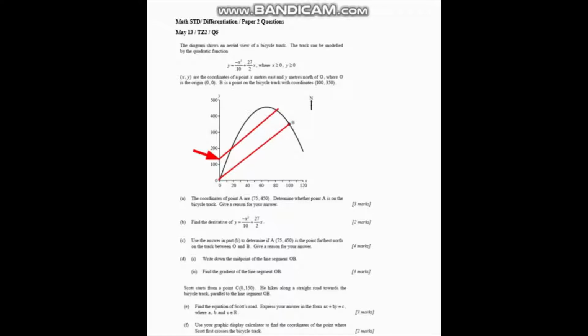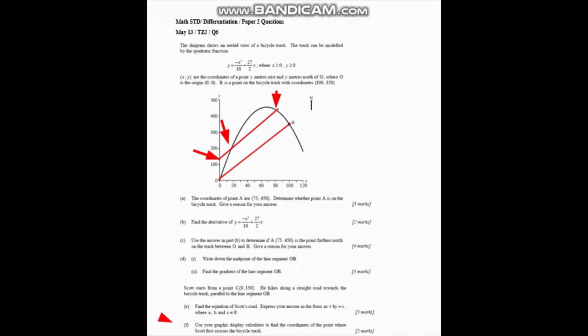So you are required to find the equation of his road, the equation of this line, and then in F you are required to use the GDC to find the coordinates of the point where Scott first crosses the bicycle track, which is this point right there. So we need to get the equation of Scott's line and then use the GDC to find the point of intersection.